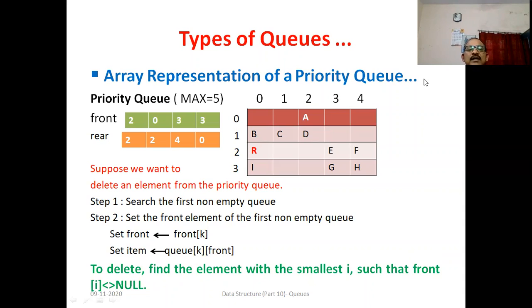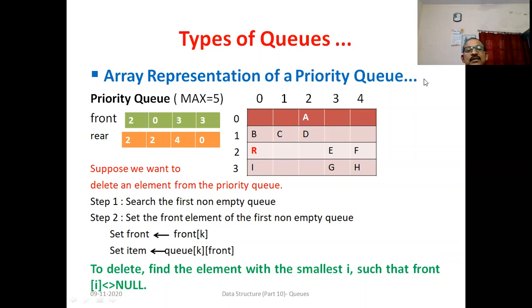Suppose we want to delete an element from the priority queue. Step 1, search for the first non-empty queue. Let us see what the first non-empty queue is. You can see priority queue 0, since this queue has at least one element, A. Next step, get the front element of the first non-empty queue.